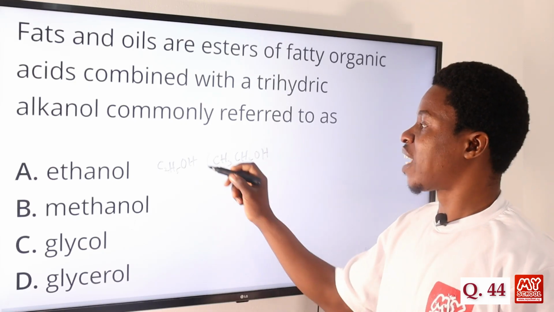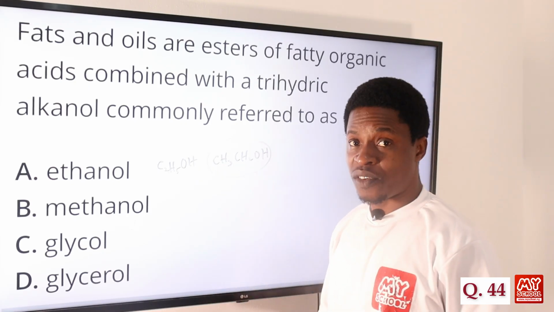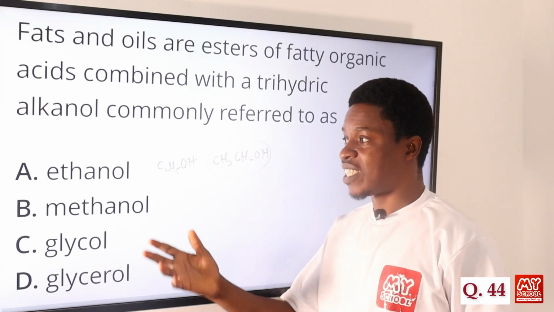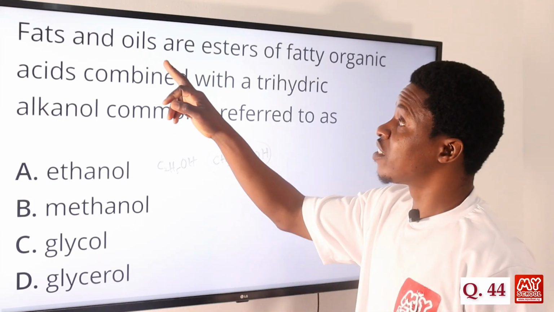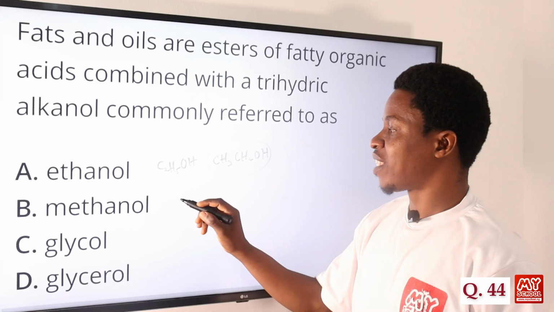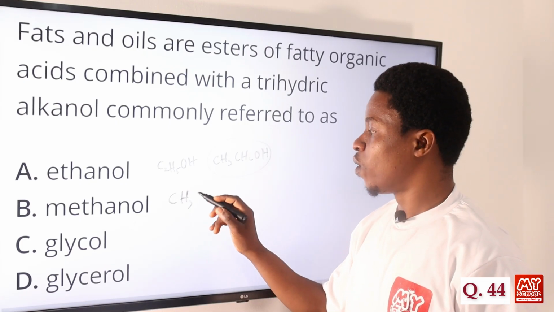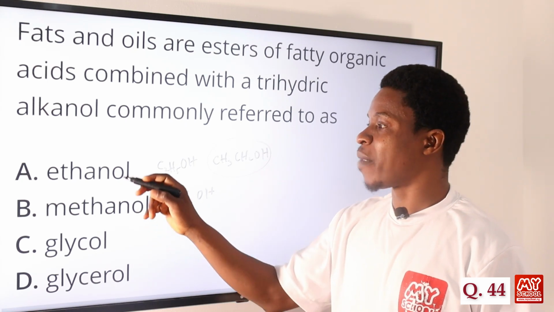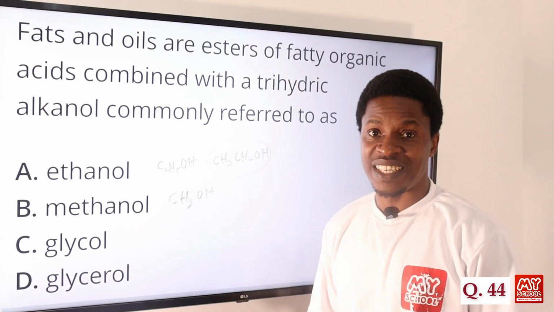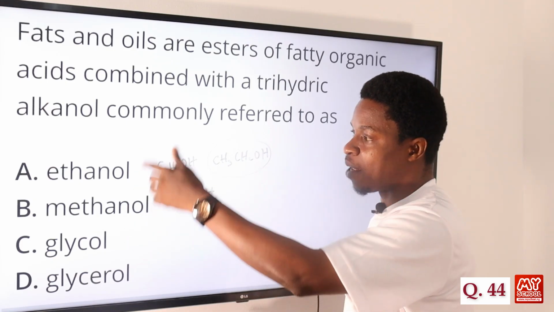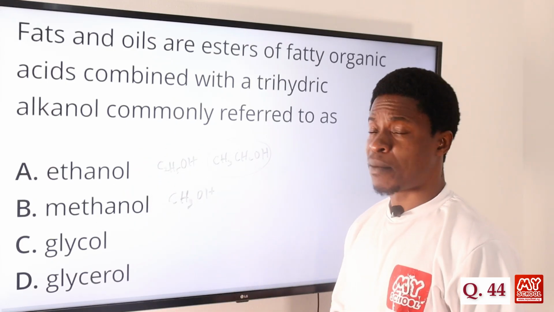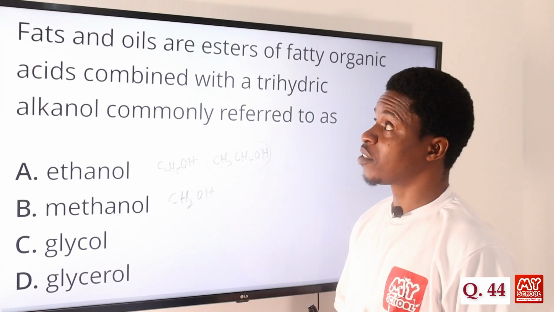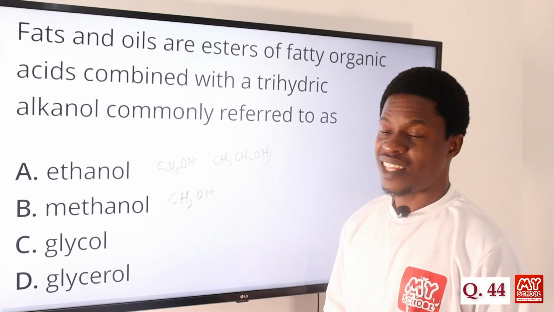So this is not an ester, it is just an alkanol, just an alcohol, just ethanol. We have methanol. Methanol has CH3OH. Of course, this is spirit. Both of them are spirited alcohol. They are used as spirit in pharmaceutical companies, but they are not esters.